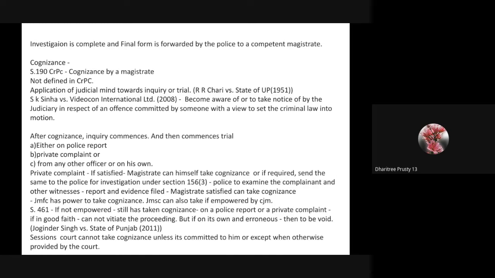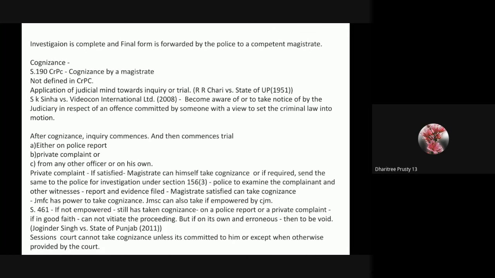In S.K. Sinha versus Videocon International Limited, 2008, cognizance was defined as to become aware of. The dictionary meaning of cognizance is to become aware of or to take notice of, and in respect of law, it will be becoming aware of by the judiciary or taking notice of by the judiciary in respect of an offense committed by an accused with a view to set the criminal law into motion.